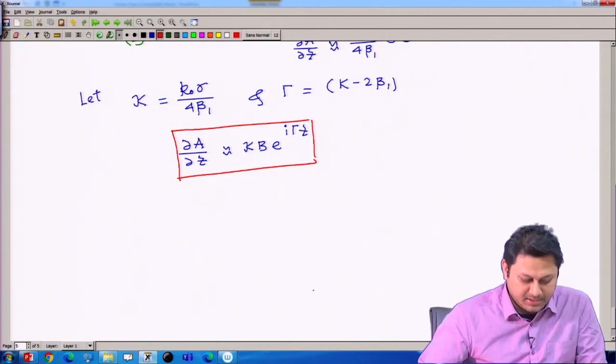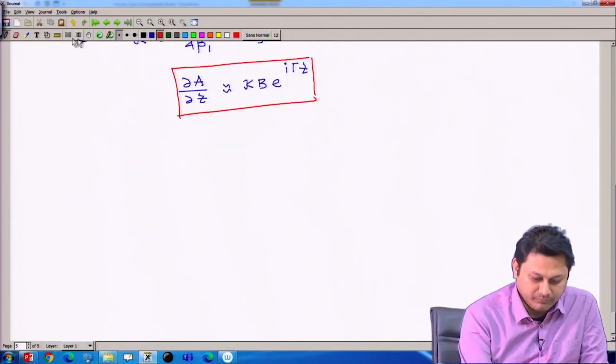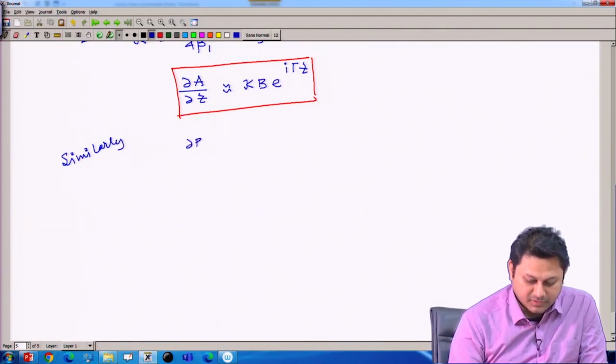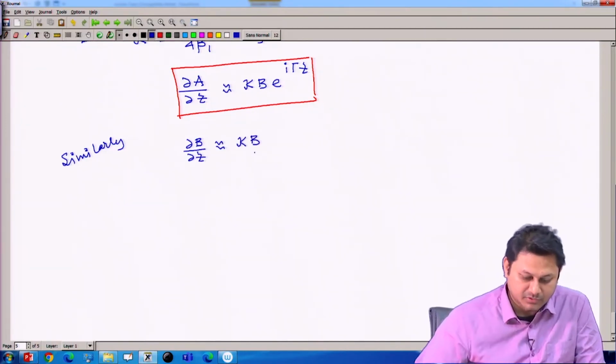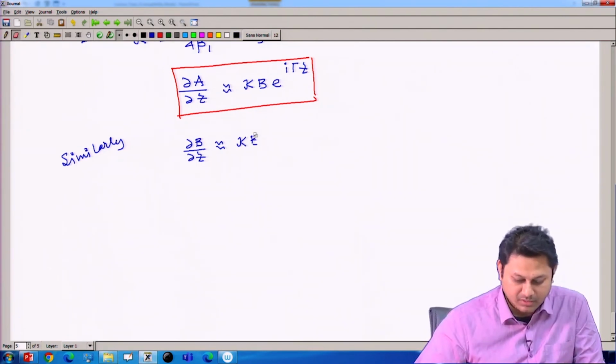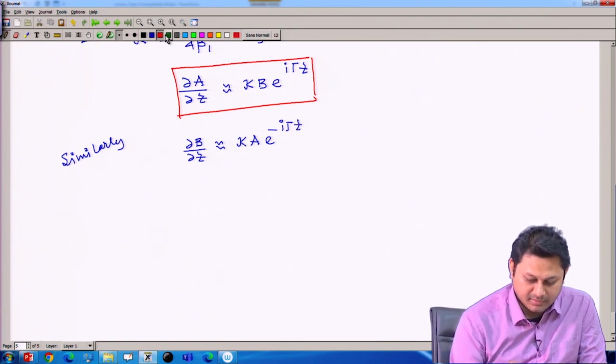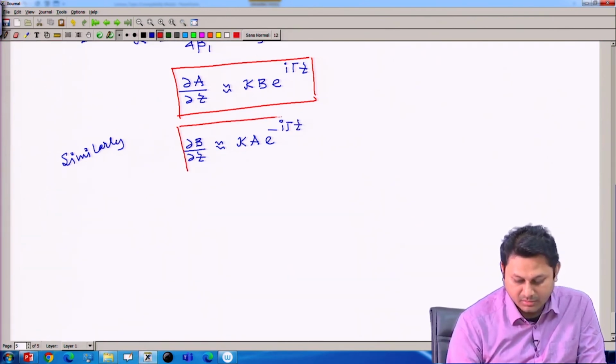In a similar way, exactly in a similar way, we can have a term corresponding to B, and this will be like that, kappa, sorry, here it will be A because it is coupled with A, now, A e to the power of minus I gamma z. That is another equation you can have.